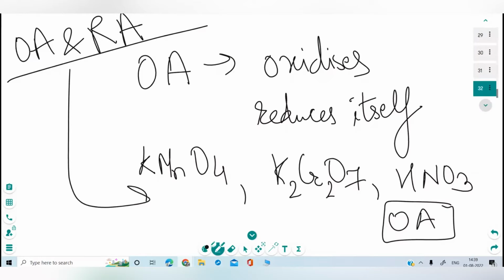Oxidizing agents are those compounds which can oxidize others and reduce itself during the chemical reactions. These reagents in which for an element oxidation number decreases or which undergoes gain of electrons in a redox reaction.